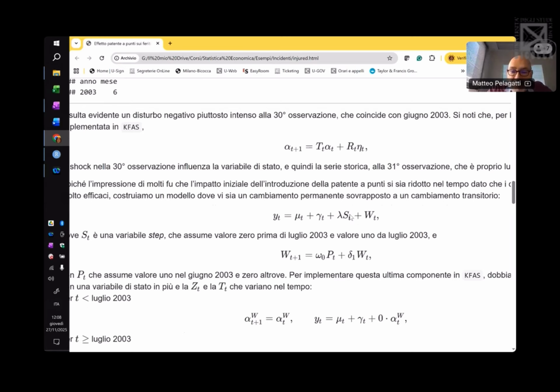So the S variable is just 0 before July 2003, and it will be 1 starting from July 2003. And this will catch the permanent effect of the policy, okay? If the policy had a permanent negative effect on the number of injuries, I expect the regression coefficient lambda to be negative and to be significantly negative, okay?